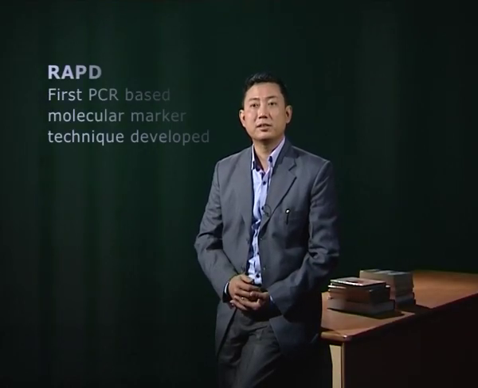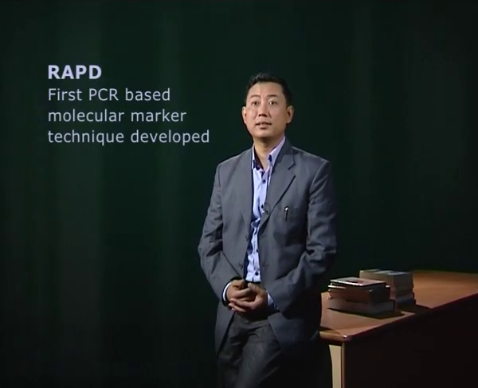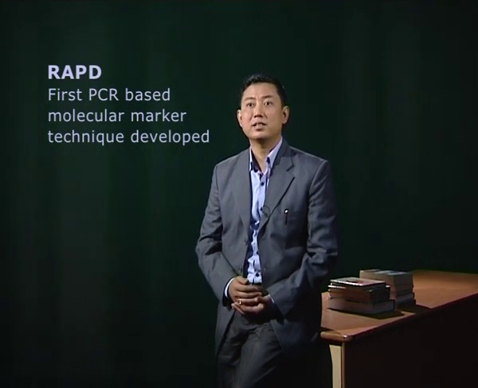RAPD was the first PCR-based molecular marker technique developed, and it is by far the simplest. Short PCR primers, approximately 10 bases, are randomly and arbitrarily selected to amplify random DNA segments throughout the genome.